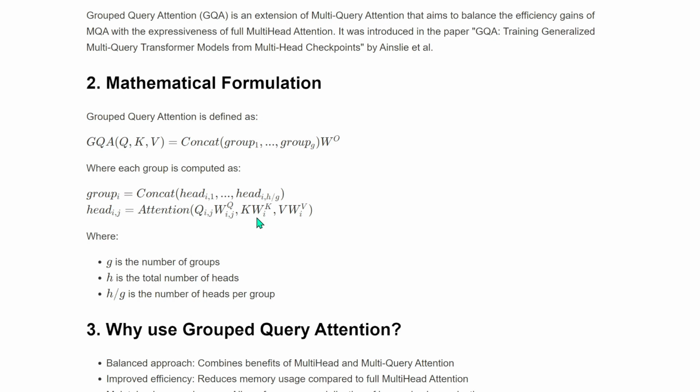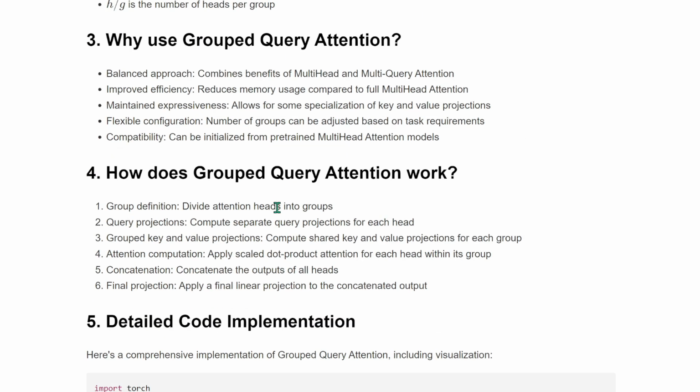Sorry for the confusion. Here you can see the mathematical representation, right? For that group, the K and V will be the same, which means if I have 4 groups, it will be 4 keys and 4 values in place of 8 keys and 8 values in case of multi-head attention, and 1 key and 1 value in case of multi-query attention. It is like bridging in between, right? So they have just added a middle layer kind of a thing with a number of groups.